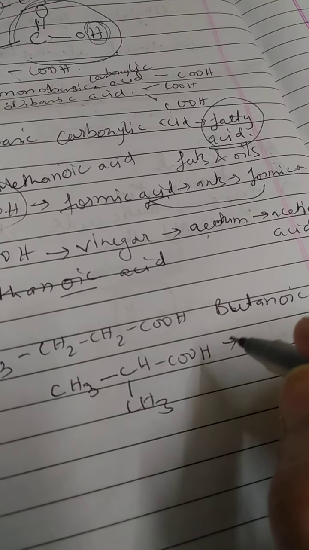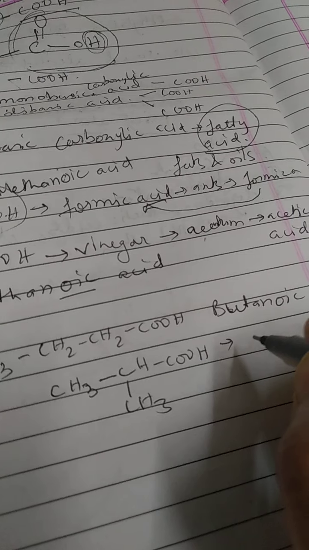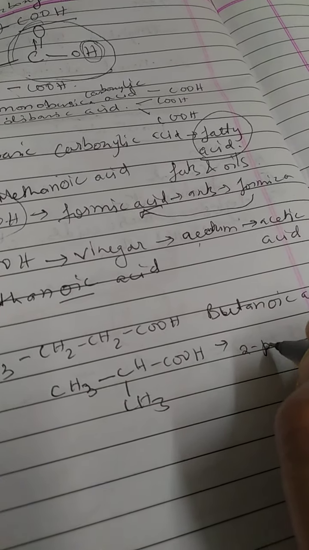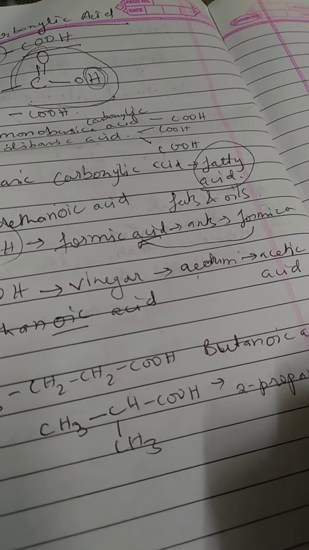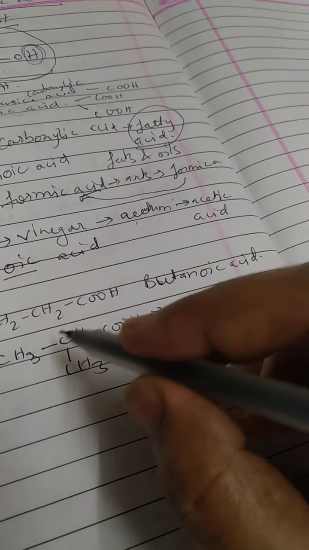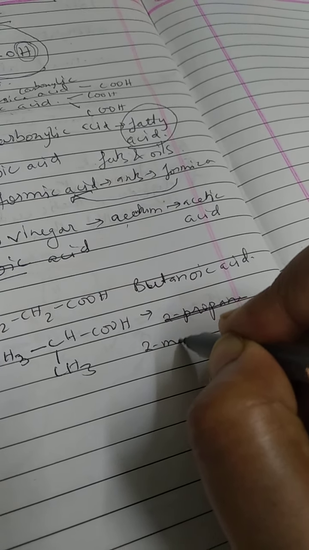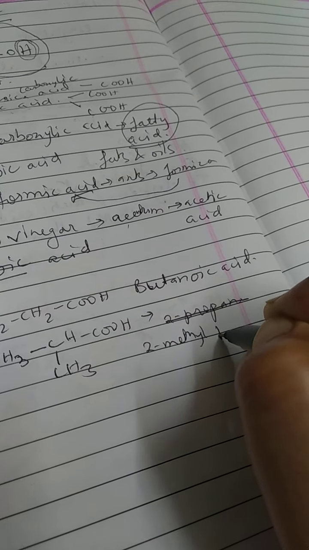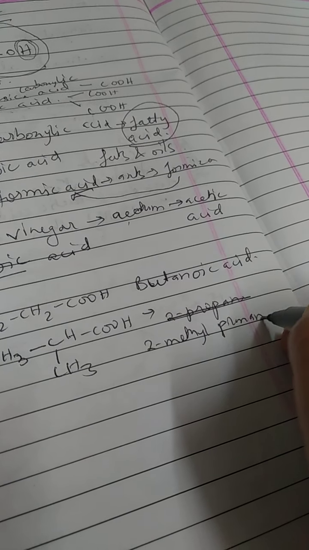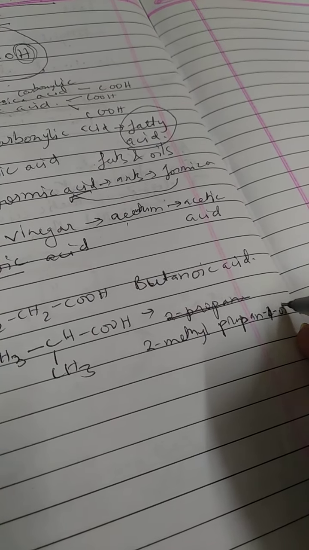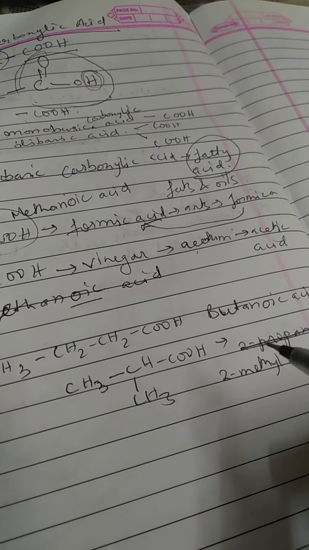The IUPAC nomenclature of this will be 2-methylpropan-1-oic acid. And what will be its trivial name?